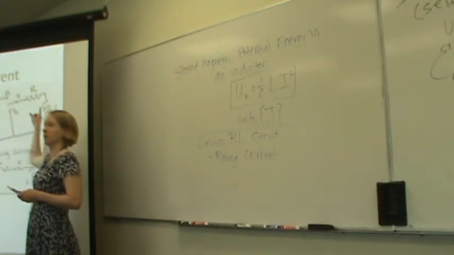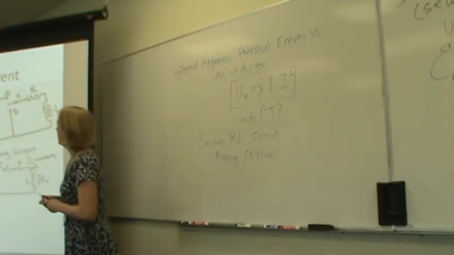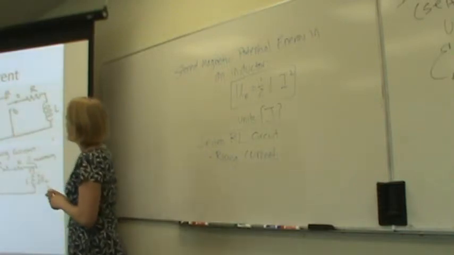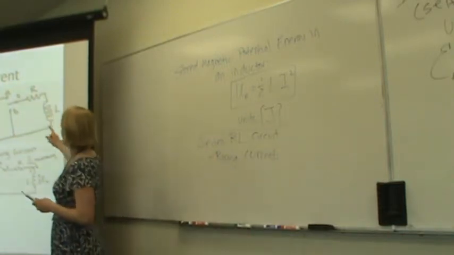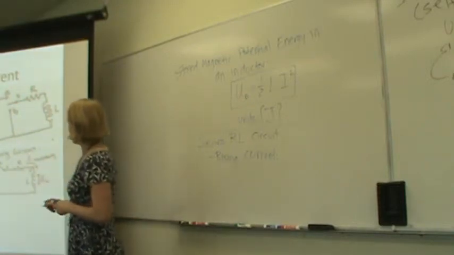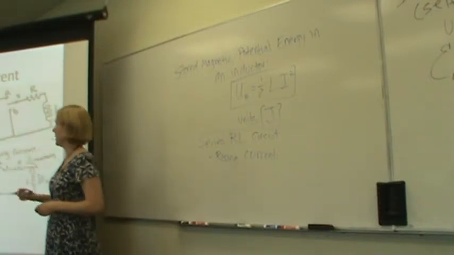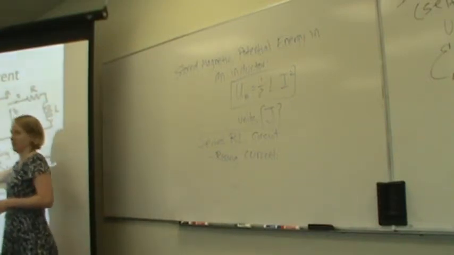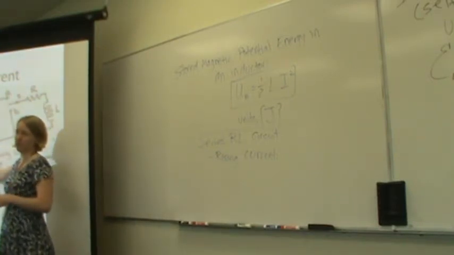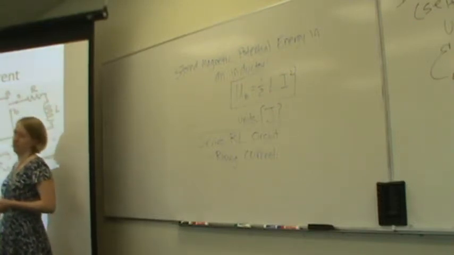At time equals 0, current is rising across your inductor, and your induced EMF is going to oppose it. This single loop we can do a loop rule equation on. This is how it looks, just like the RC circuit, it's a differential equation. I'm not going to ask you to solve it, this is the solution.